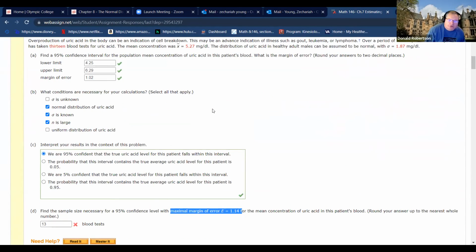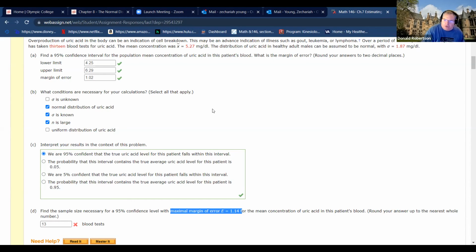Okay, so you are doing the margin of error formula for a proportion, not the margin of error formula for a mean. Oh God, I said that back to front. Okay, I know what I'm doing.